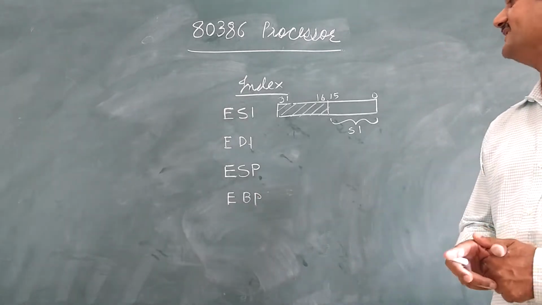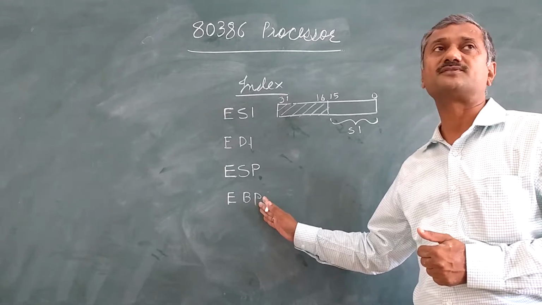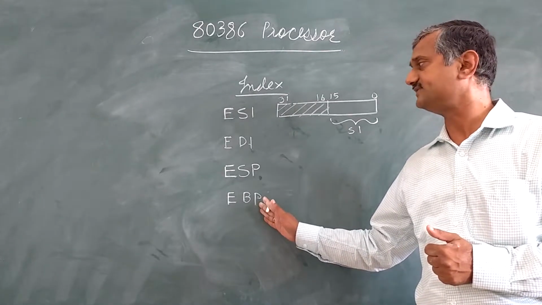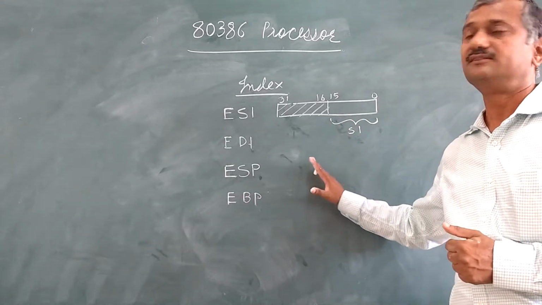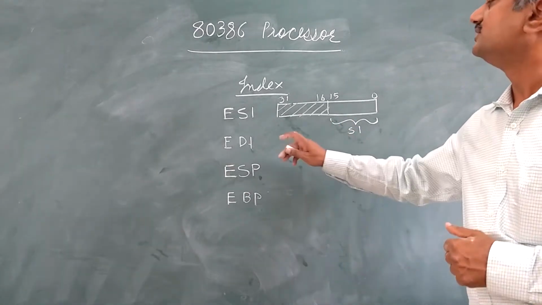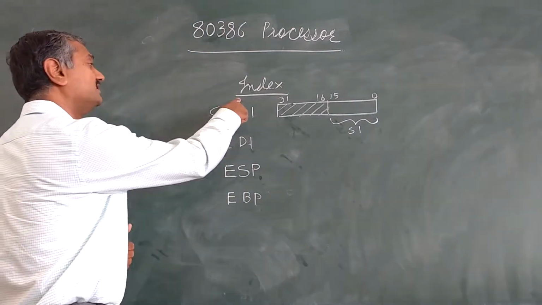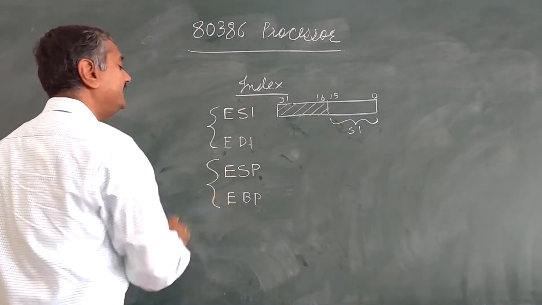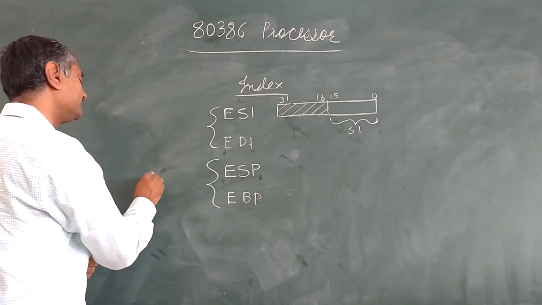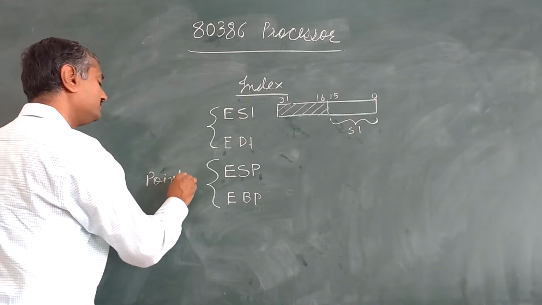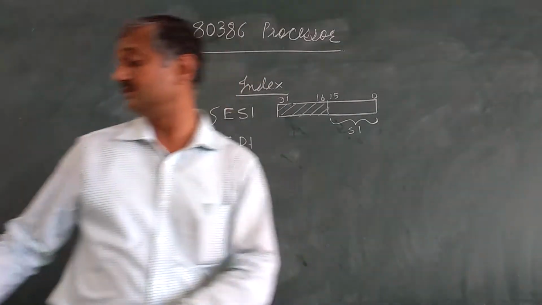Base pointer is again a pointer register which is used for some indirect type of addressing. We are going to learn the addressing modes when we are conversant with the registers. So these two, extended SI and extended DI, form the index group of registers, and extended stack pointer and extended base pointer are known as the pointer group of your microprocessor registers.